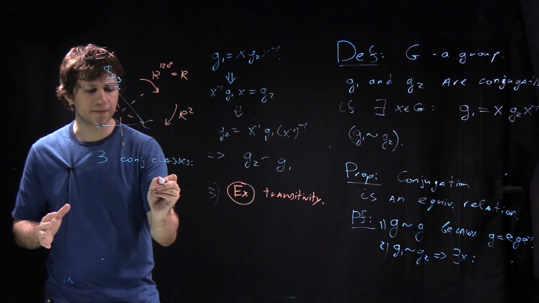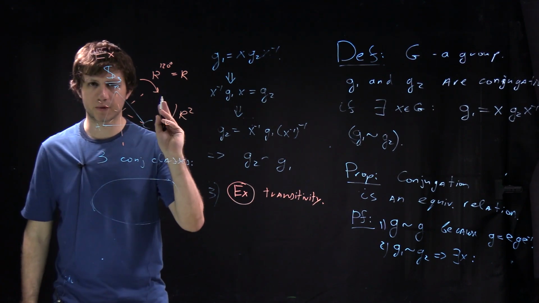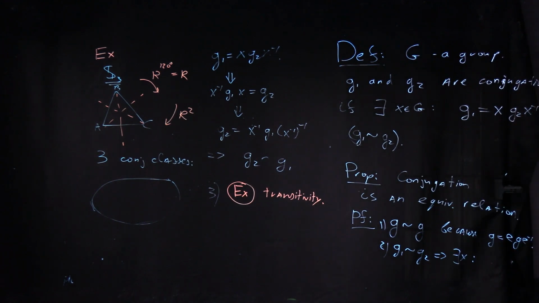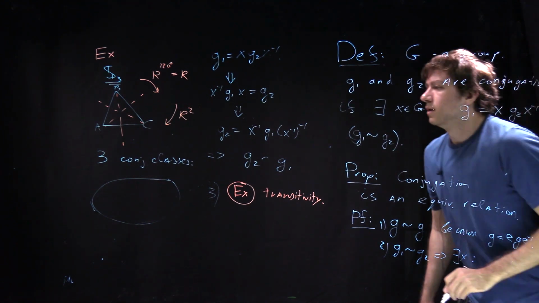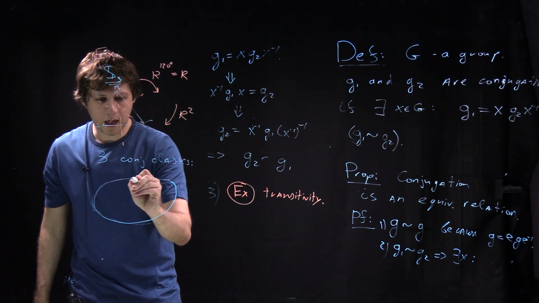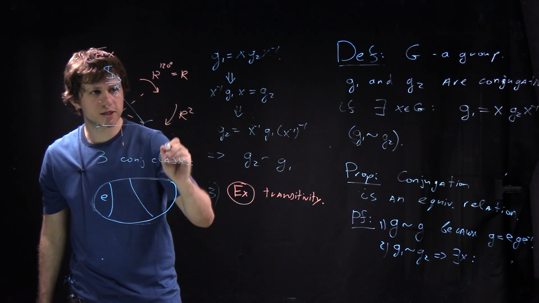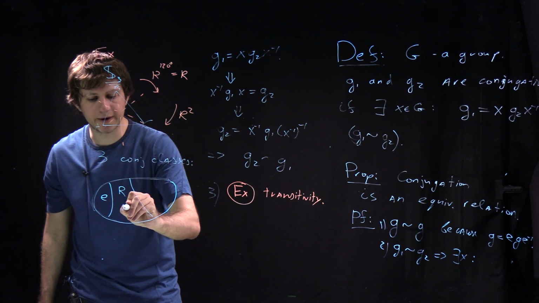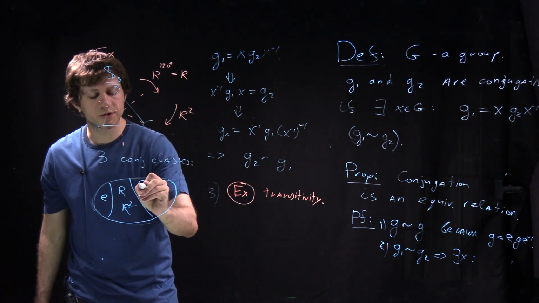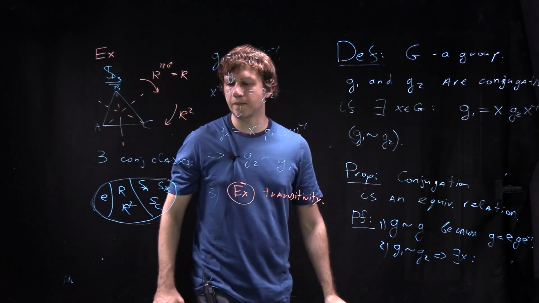So, these are 6 elements, so I can draw my group, and I can divide it into 3 classes. One will contain identity, the other will contain R and R squared, and the rest will contain the symmetry SA, symmetry SB, symmetry SC.